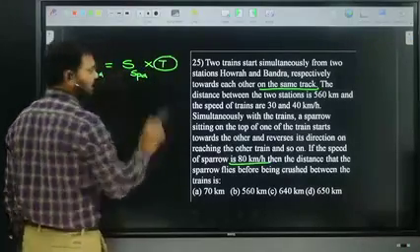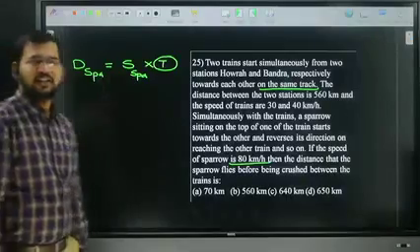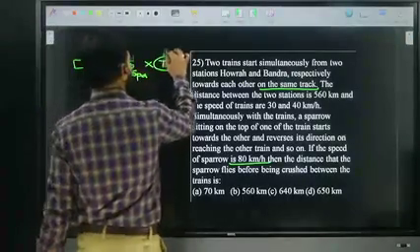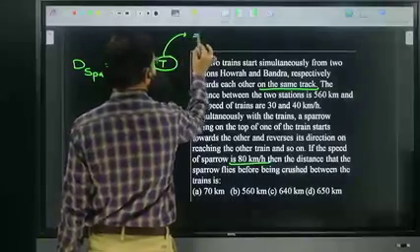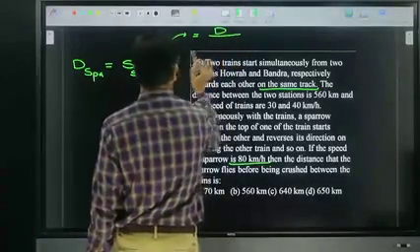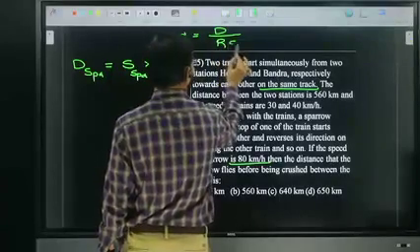Time is nothing but the time taken by the trains to cross each other. Generally, time is nothing but distance by relative speed.